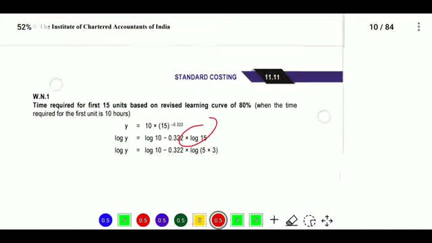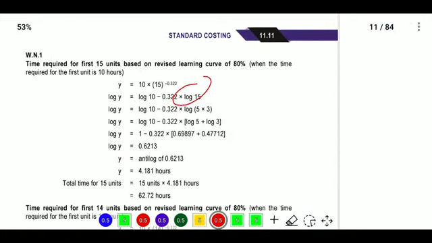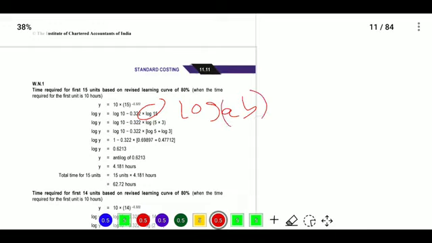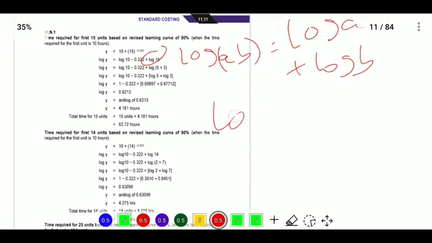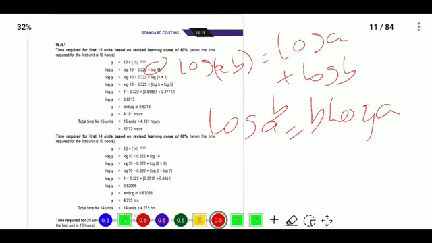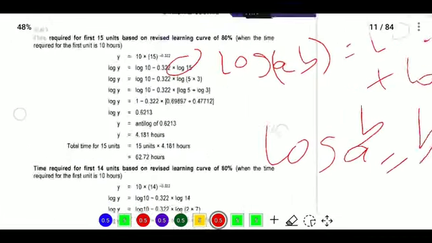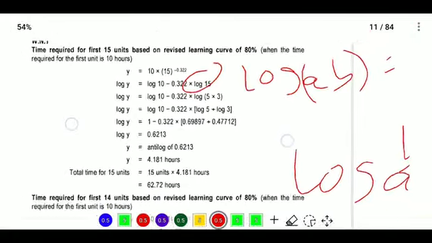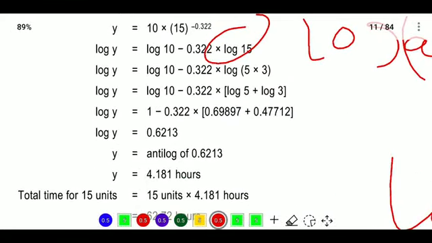So what we will see now, we will bifurcate it. In logs, if you have log AB, then we will write it as log A plus log B. If you have log A to the power of B, then it will be written as B log A. So log 5 into 3 means log AB, so we can write it as log 5 plus log 3, with the coefficient value.